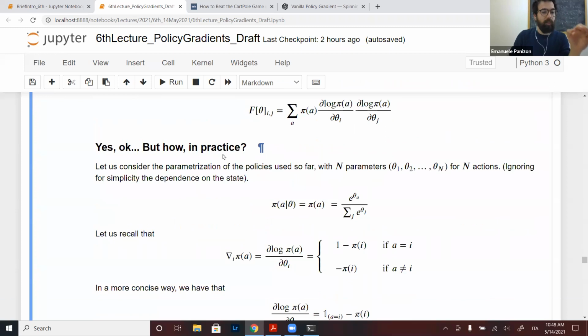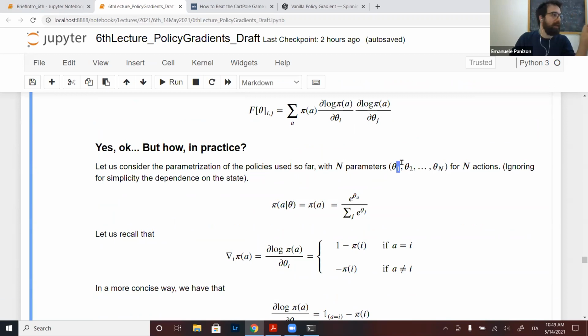How does it work in practice? Remember that we have a policy which is parameterized by these n parameters, θ1, θ2, θn, which correspond to each state, to each action. Let's forget about the state. So we are in one state and we only have one theta for each action.